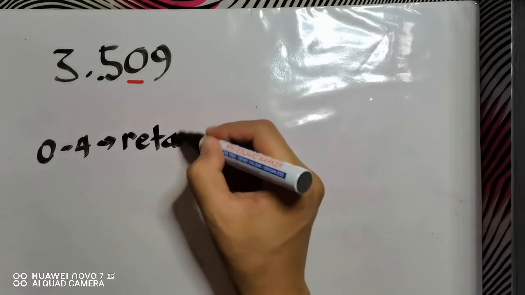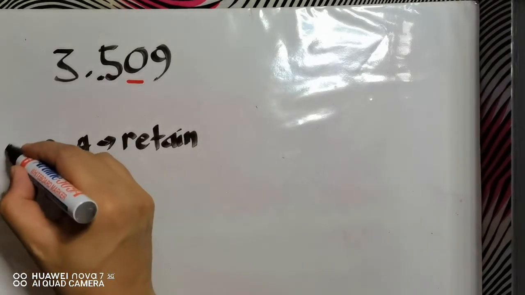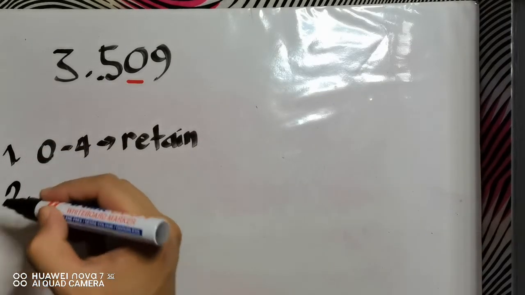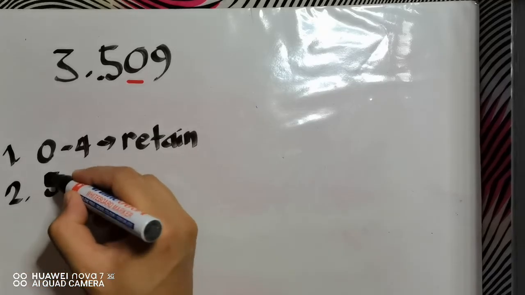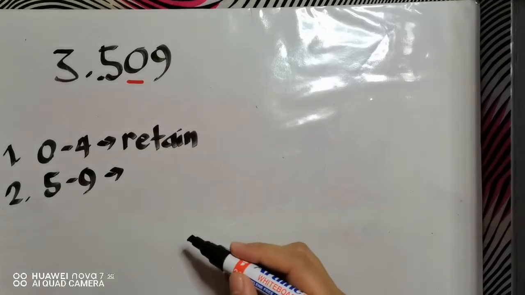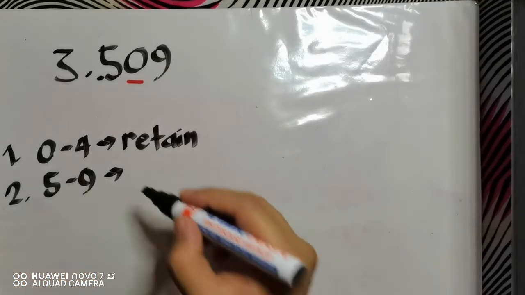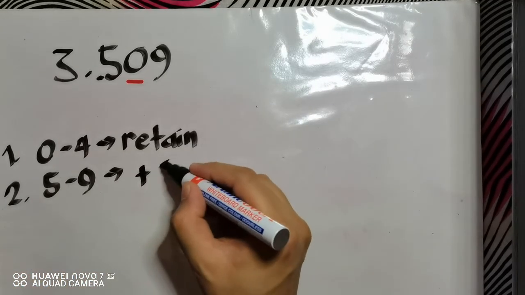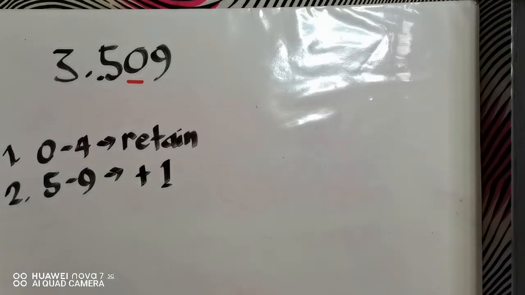Ibig sabihin ng retain, hindi natin siya papalitan. Kung anong number siya, as is siya. This is rule number 1. Rule number 2. Sa rule number 2, kapag ang katabing number ng ira-round ay nasa kanan ay 5 hanggang 9, we are going to add 1 or plus 1 to the number to be rounded.